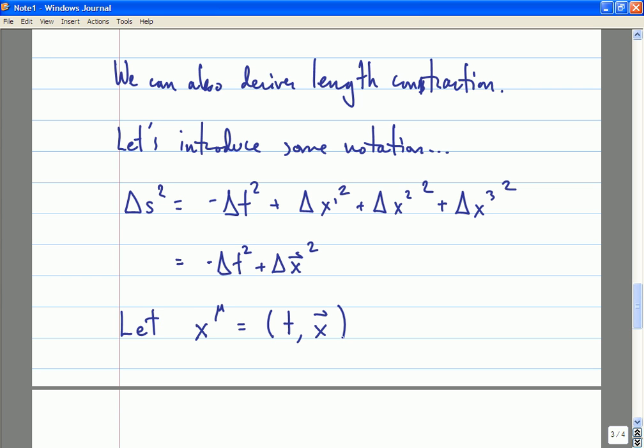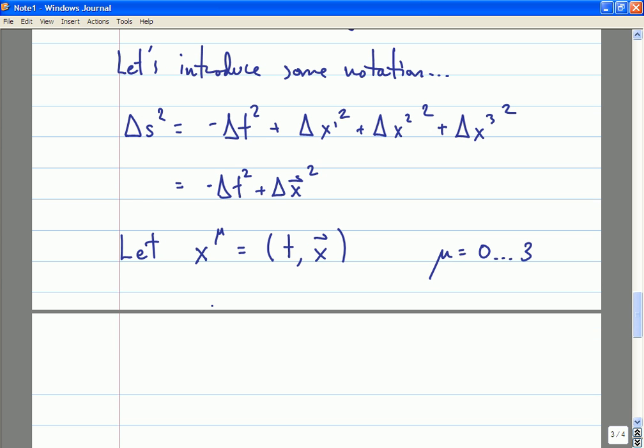So mu here is an index which will run from 0 up to 3, so it'll take the values 0, 1, 2, or 3. So that, for example, x0 is equal to t, x1 is equal to x1, x2 is equal to x2, which we might call y, if x1 is x, and x3 is equal to x3, which we might call z, if we're using a Cartesian coordinate system.